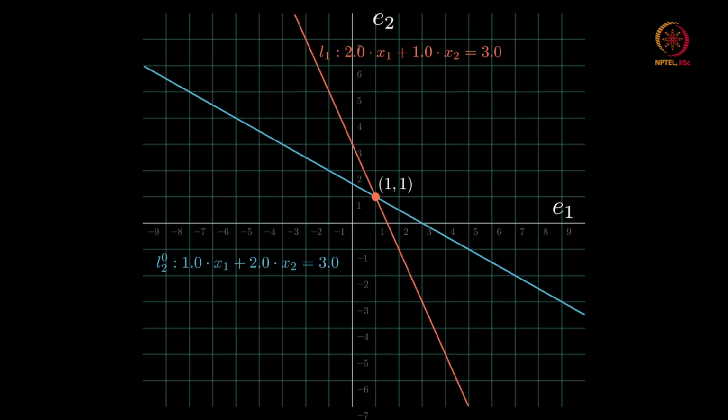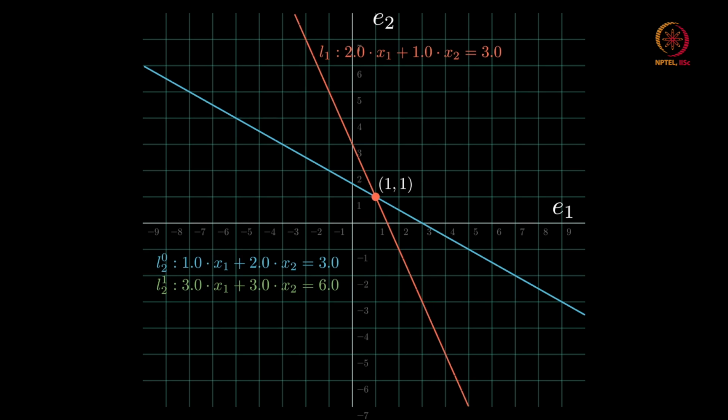Now, let us take the third equation that we have, which is L2 of 1. L2 of 1 is 3x1 plus 3x2 is equal to 6. When you put x1 is equal to 0, you get x2 is equal to 2, and when x2 is equal to 0, x1 is again 2.